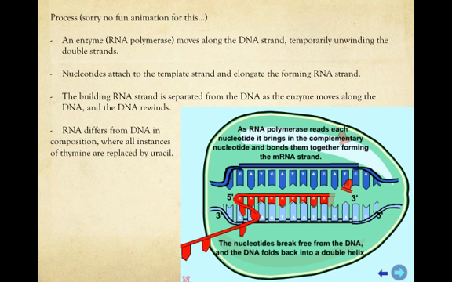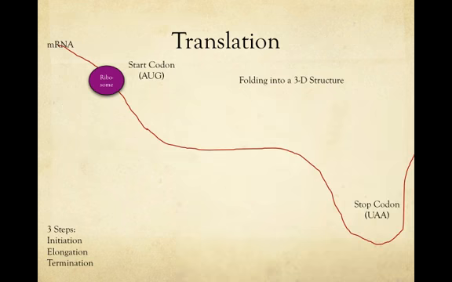The nucleotides attach to the template strand and elongate the forming RNA strand. The building RNA strand is separated from the DNA as the enzyme moves along the DNA and the DNA rewinds. RNA differs from DNA in composition, where all instances of thymine are replaced by uracil. So basically, the whole point of transcription is to produce messenger RNA, which is going to be used in translation later on, which is what this is.